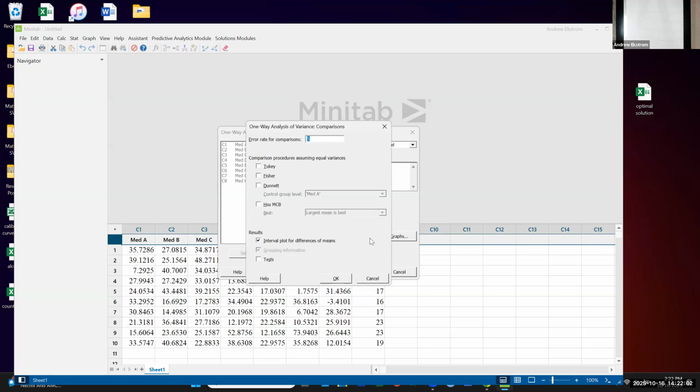Comparisons. This is where, as I was talking about last time, if you click on the Fisher comparisons, we compare every group to every other group using essentially a two-sample t-test, but we don't make any corrections for it.